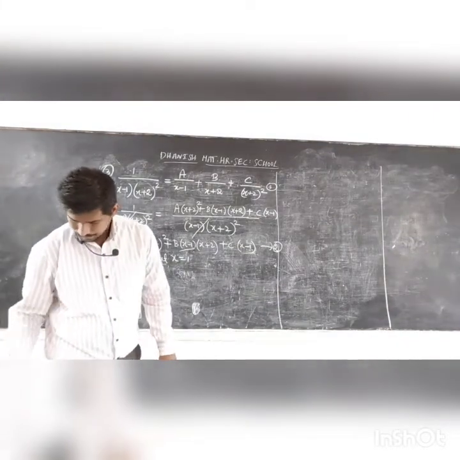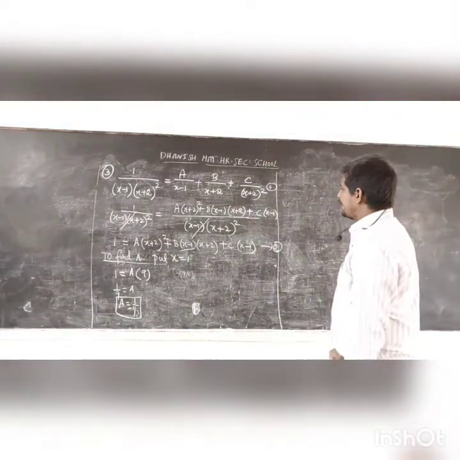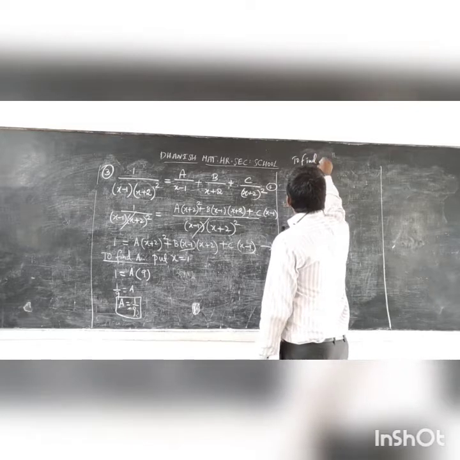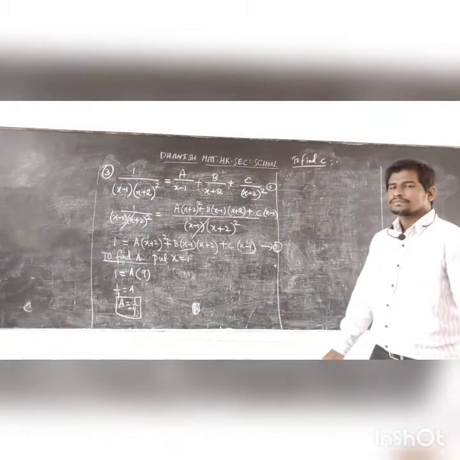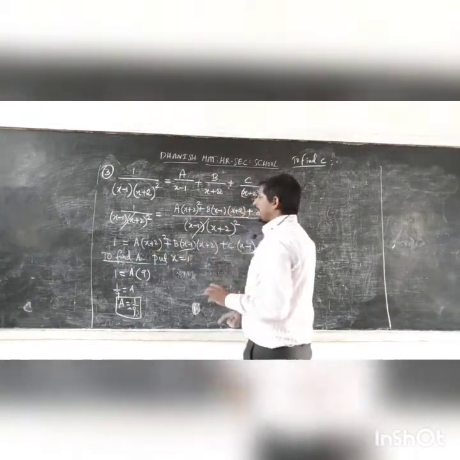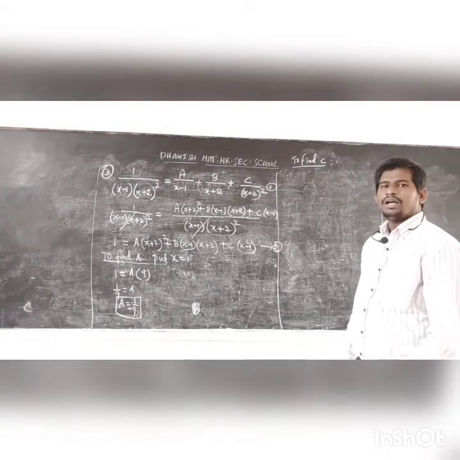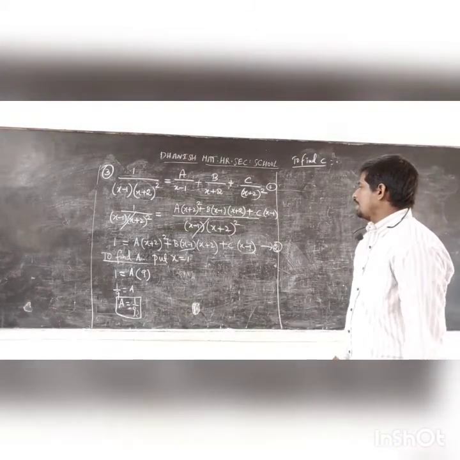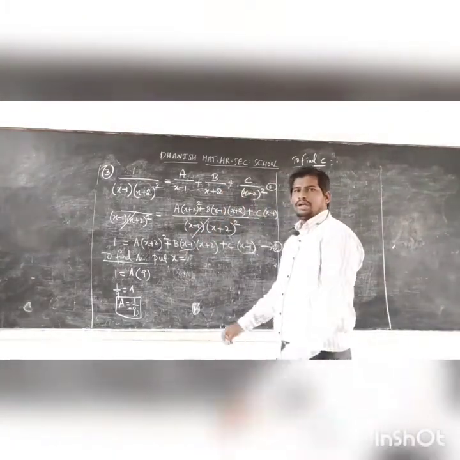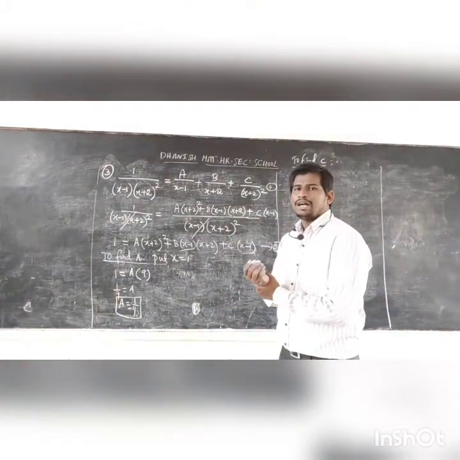Now I am going to find c. In order to find c, a and b should become 0. If you want to make a and b terms 0, there should be a common factor.